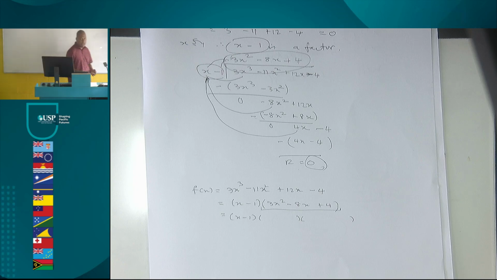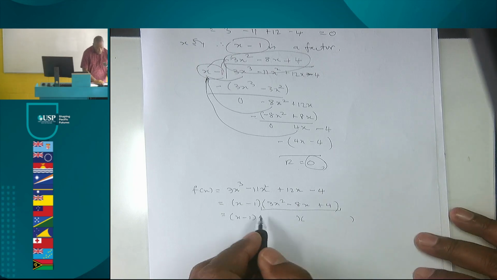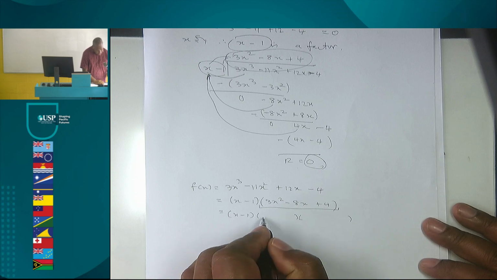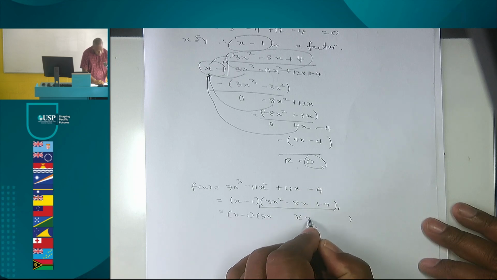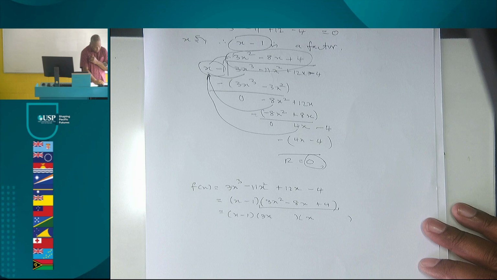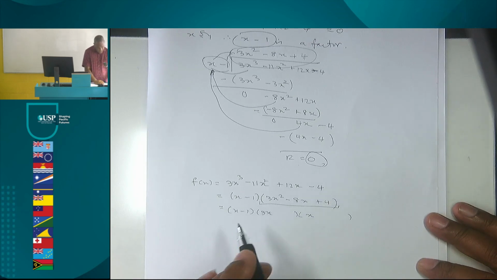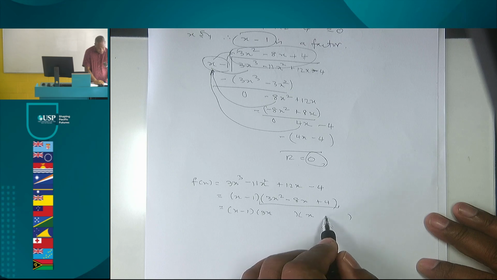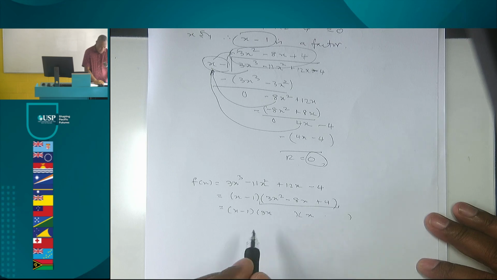You can either use trial and error or grouping. What is this?